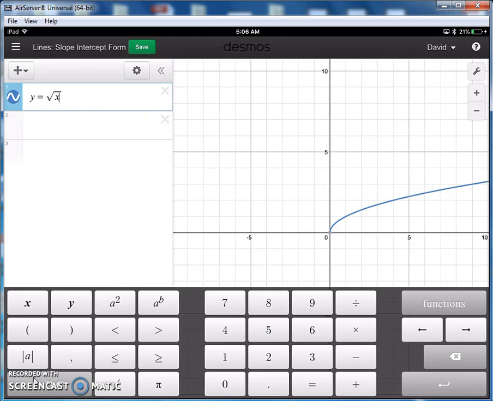Say we wanted to put a transformation on that. Let's call it negative 0.5, and we can do x minus 2, and outside we can put plus 3.